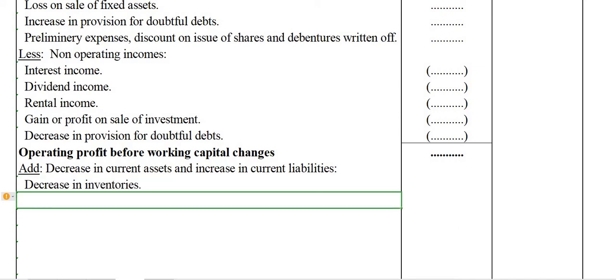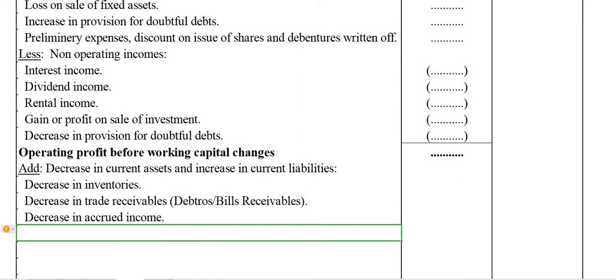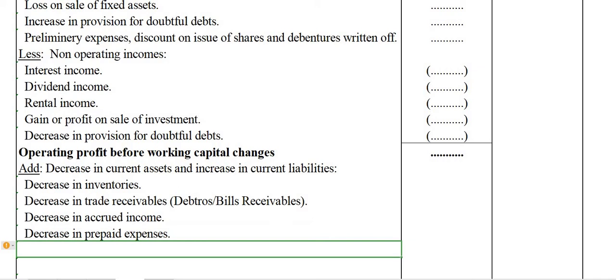Decrease in current assets, of course, you know, inventories, trade receivables, that is debtors of business, bills receivable, then accrued income, then prepaid expenses. So decrease in current assets, all the current assets except cash and cash equivalent. That cash and cash equivalent we will discuss later. Except cash, all the current assets, its decrease should be shown here.